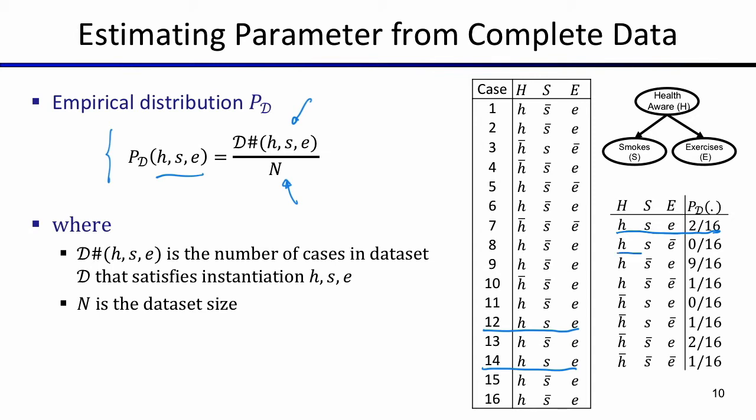This one here, we didn't see it in the training set. It corresponds to a person that is health aware, smokes, and doesn't exercise. So we are saying that because we have a limited number of cases, the probability is going to be 0. But that is very dangerous because we have just a small number of cases.